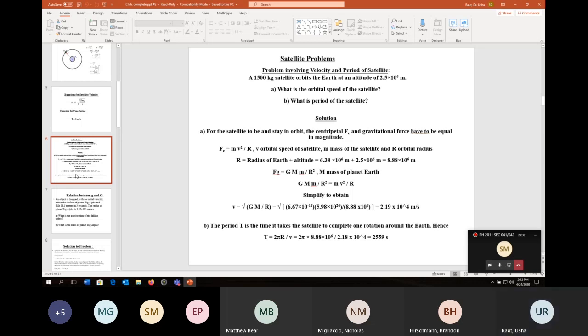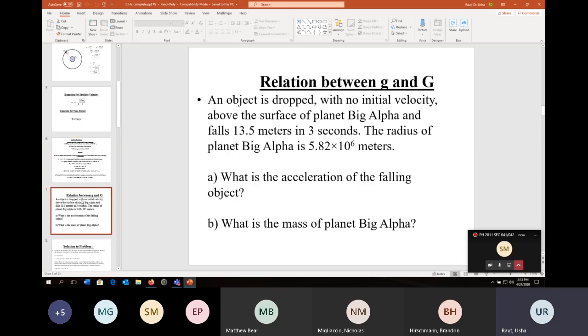Okay, so the next category of problems, you might have seen many of these in the homework problems if you've tried any, is the relation between little g and big G. I think we went through that in PowerPoint number 1. I'm not very sure, but I posted that and you can check on that.